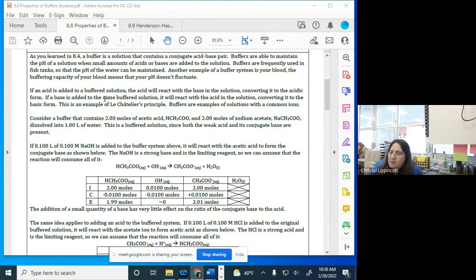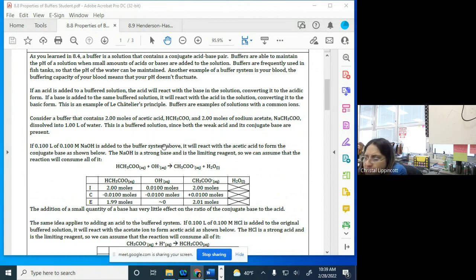So if an acid is added to the buffered system, it's going to react with the base in the system, converting it to an acidic form. If a base is added, it's going to react with the acid, converting it to a basic form. It's essentially just Le Chatelier's, which we learned in Unit 7. Buffers are actually an example of solutions with common ions.